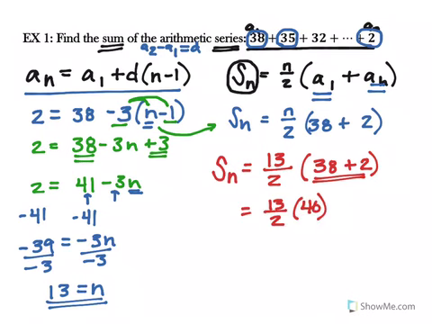We know 40 divided by 2 is 20, so that leaves me with 13 times 20, which is equal to 260, my final answer. The sum of the arithmetic series is 260.